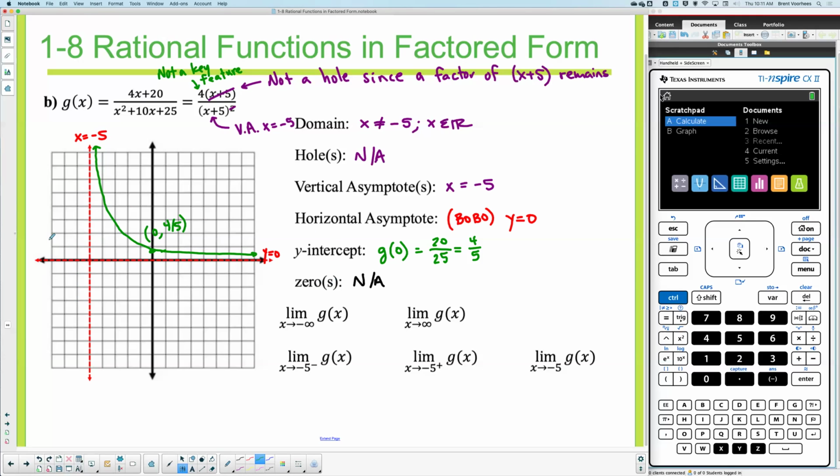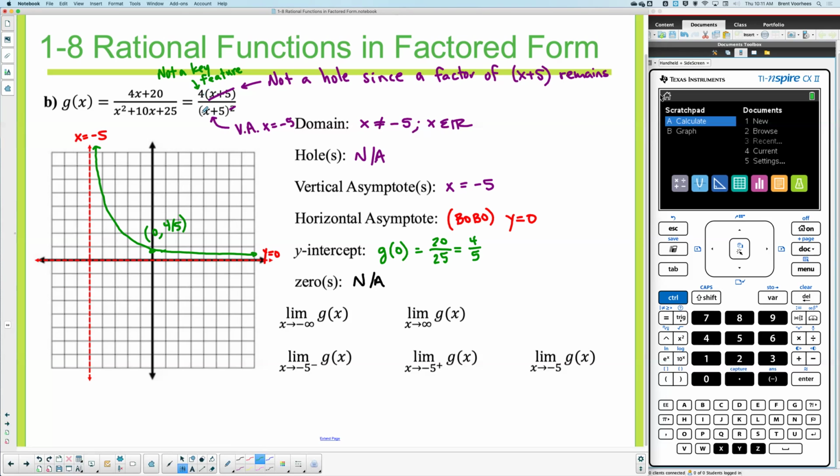But here's what you do. You pick a number that's smaller than -5. So do y'all want to use -10? Sure. Take -10 and plug it in down here and see if you get a positive value or a negative value. If it's positive, it goes above the x-axis. If it's negative, it goes below. I'm just picking a number to the left to figure out am I above or below. I'm going to use the simplified form, it'll be easier.